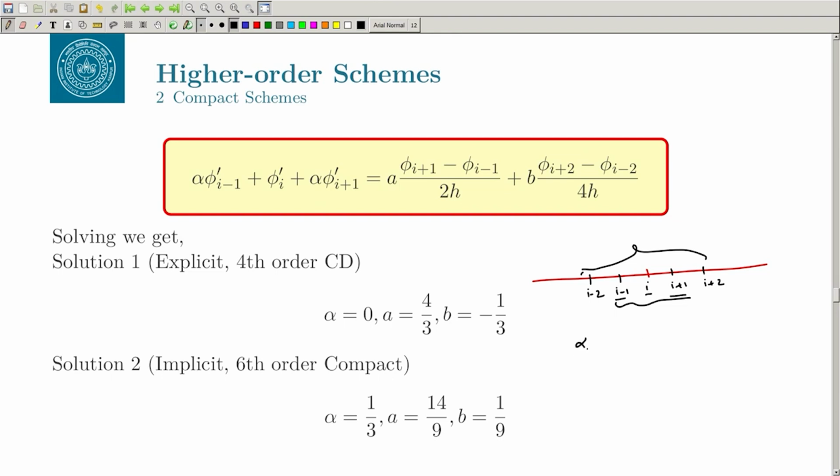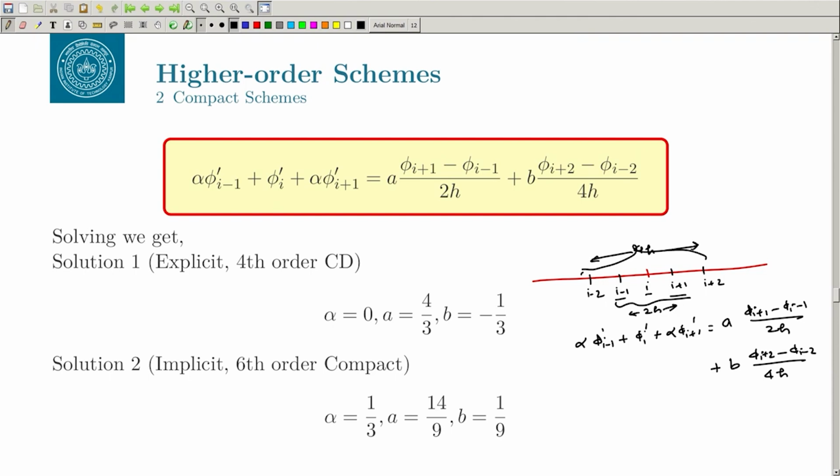So, that will become alpha phi I minus 1 prime plus phi I prime plus alpha phi I plus 1 prime, and on the right side we will have 2 unknowns. One will say A, times phi I plus 1 minus phi I minus 1 by 2 h, and you can quickly recognize why I am using 2, and then you will have B times phi I plus 2 minus phi I minus 2 by 4 h, right, because when you are using I minus 1 and I plus 1, the distance between them is 2 h and this one is 4 h.